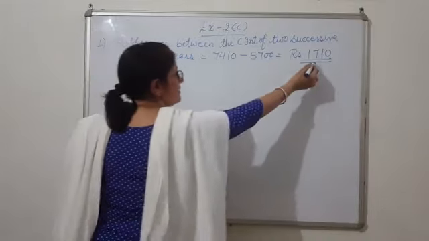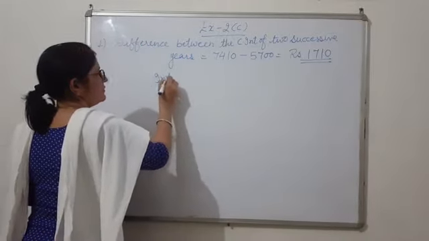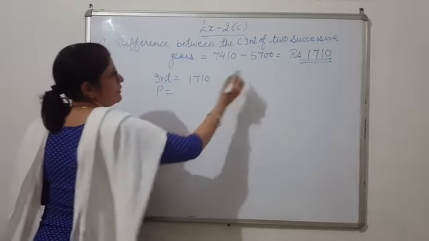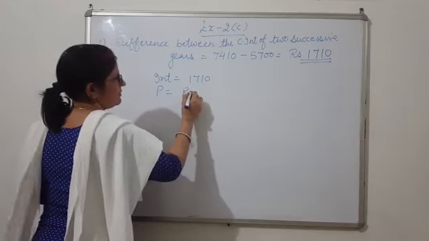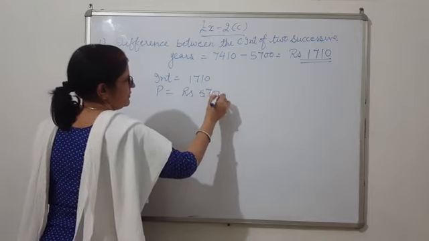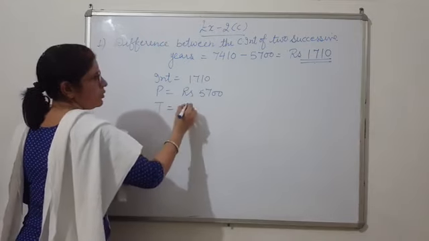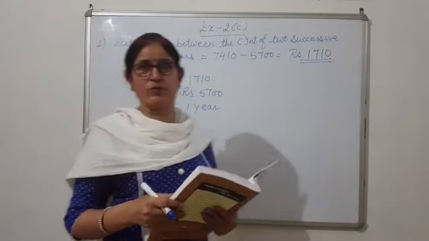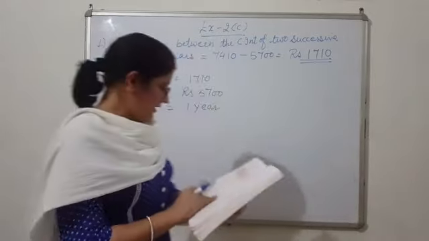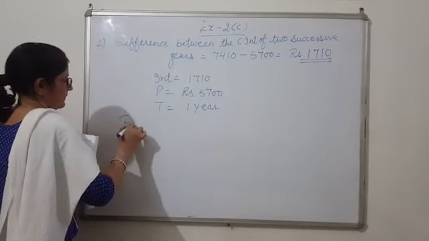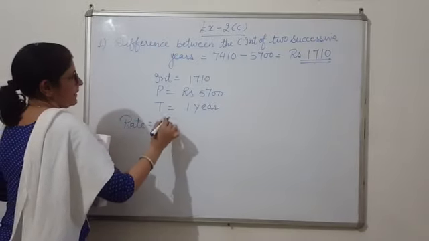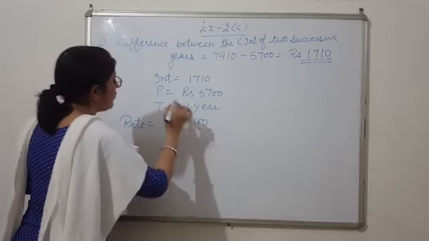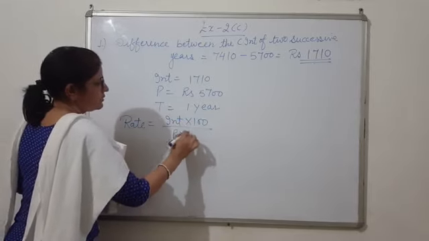So we will take this interest 1710 and principal 5,700, time 1 year, and what we have to calculate here? We have to calculate rate. So rate is interest into 100 upon principal into time.